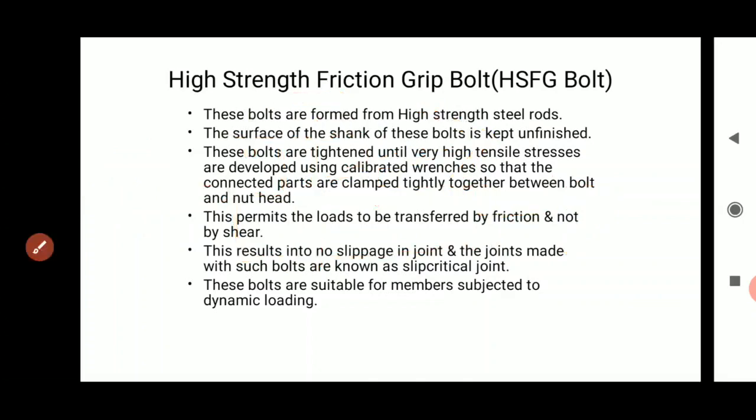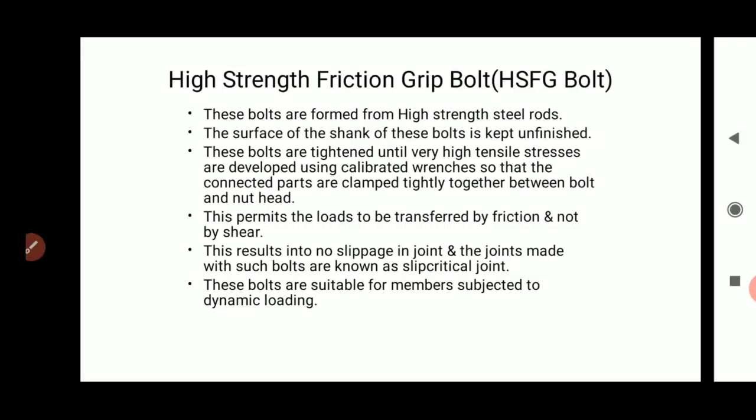The fourth point is that this permits the loads to be transferred by friction, as the connection is more tight and high frictional resistance is developed at the surface between the two plates, so there is no slip between the two members. So the load is transferred by the friction but not by the shearing and bearing.